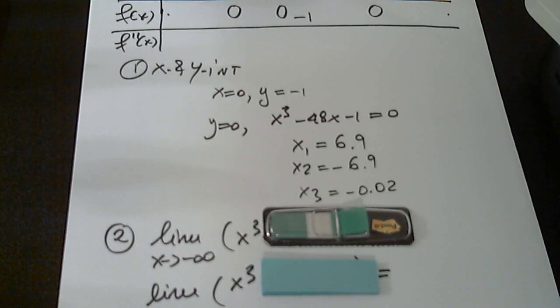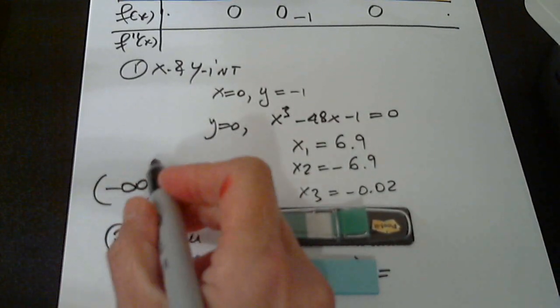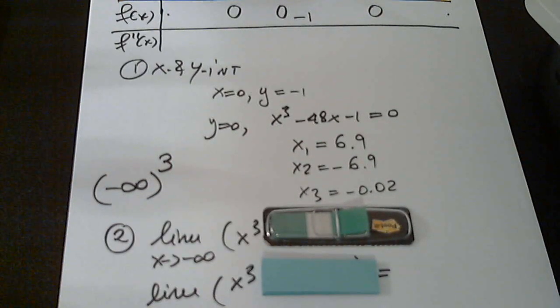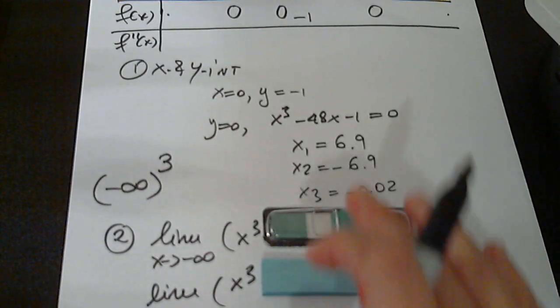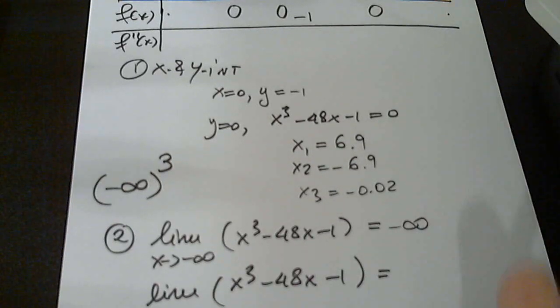Honestly, I'm not sure, so I can't really answer it. I'm still a little confused. Negative infinity to the third power. What do you think it means? Anybody? Would it be 0? Negative infinity. Sure. It's so huge, so big, that it cannot approach anything else but negative infinity.